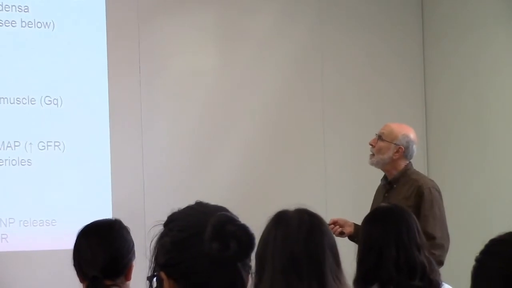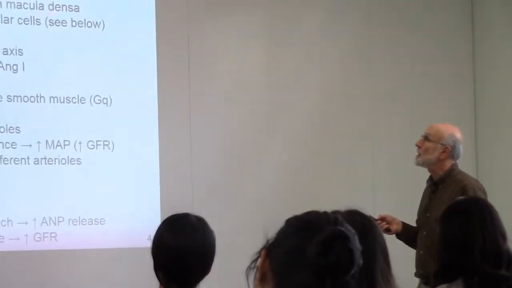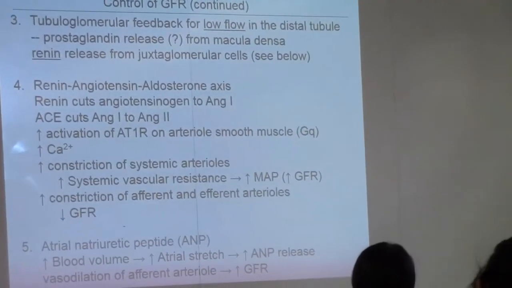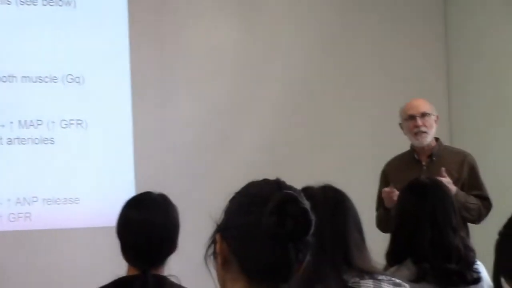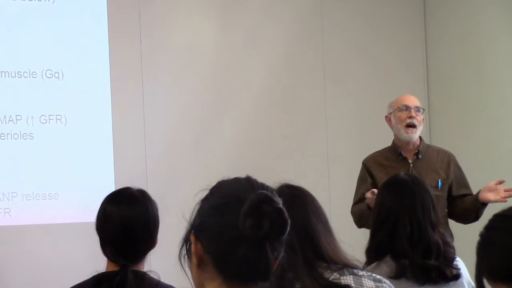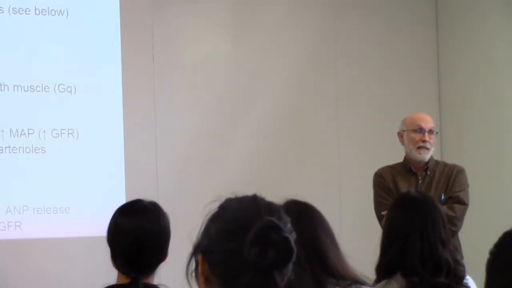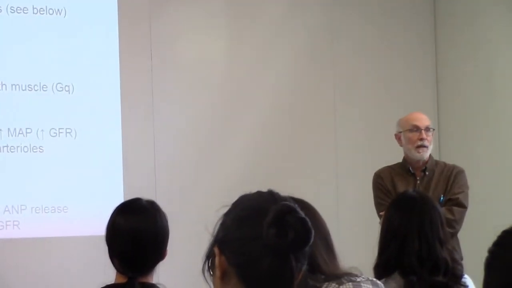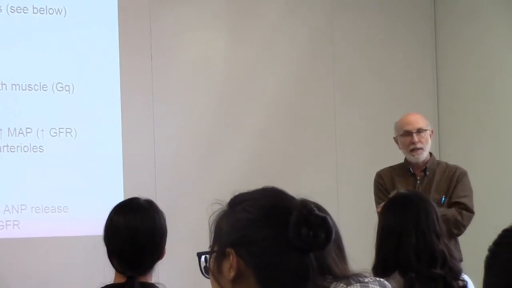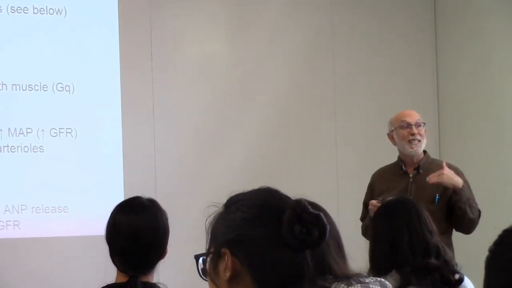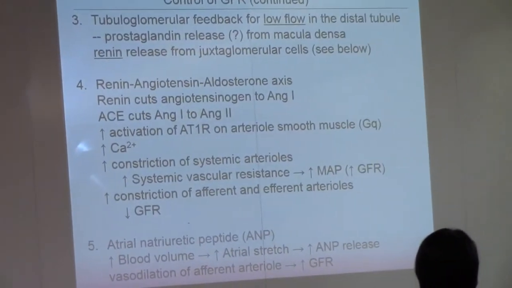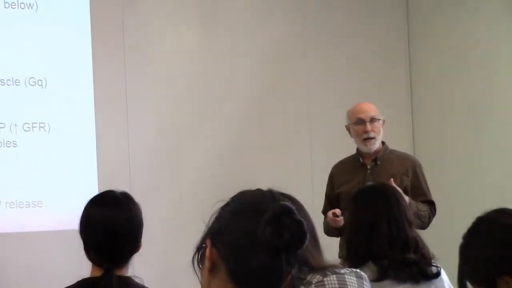But something is released from the macula densa cells, that something is unknown, but prostaglandins seems to be it. So I would not ask you to memorize prostaglandin, because I could be wrong. 5 years from now, they could say, it's not prostaglandin, it's something else. But what is known is that the juxtaglomerular cells release renin. Okay?